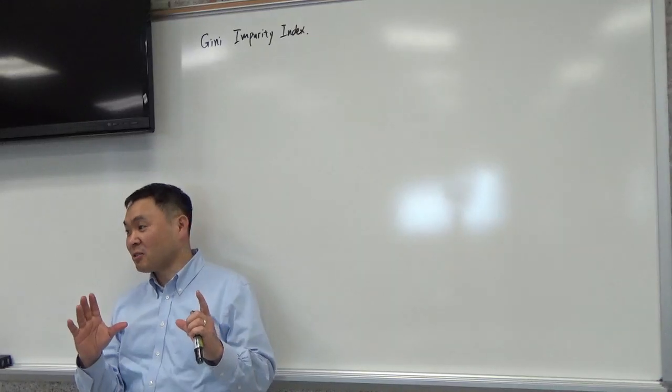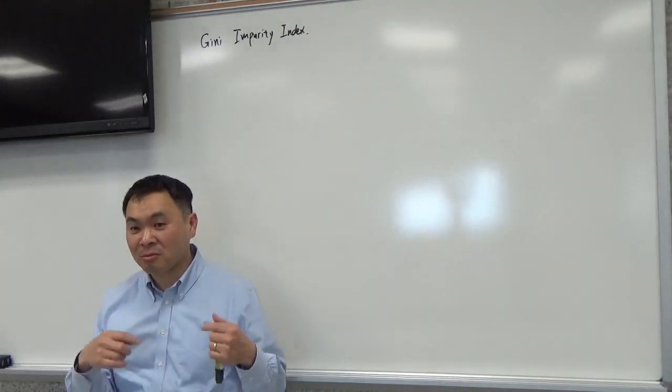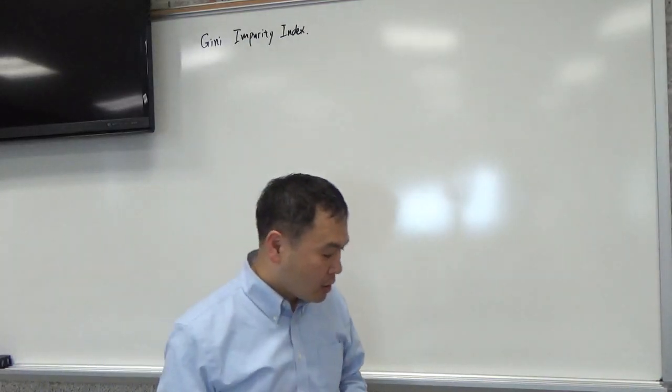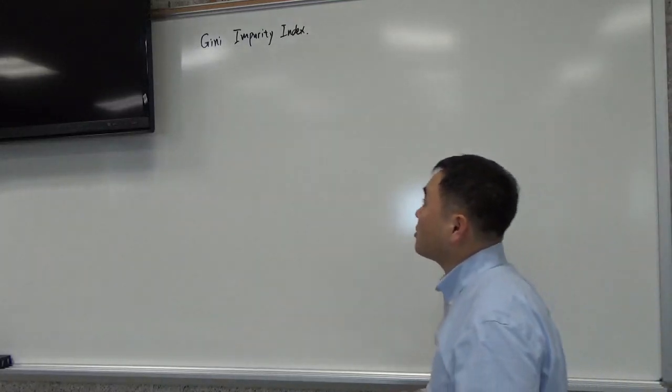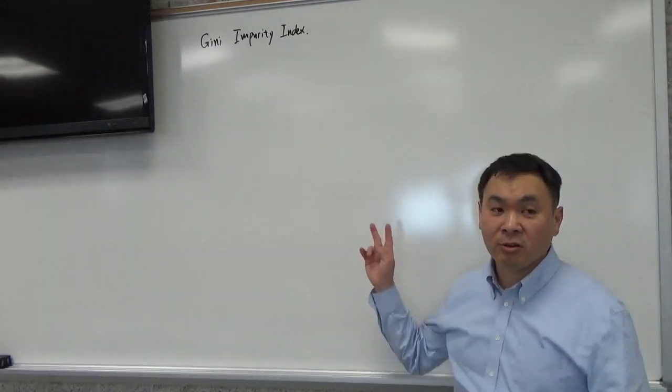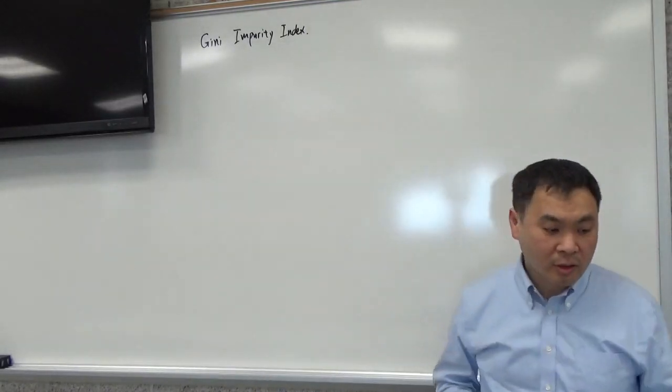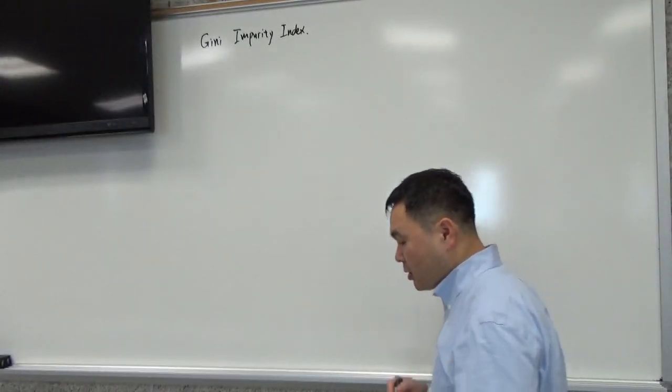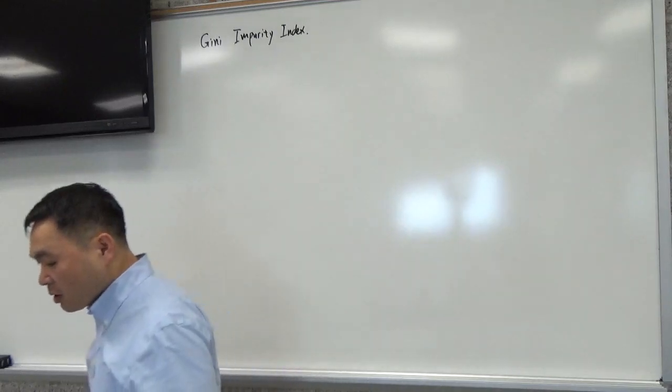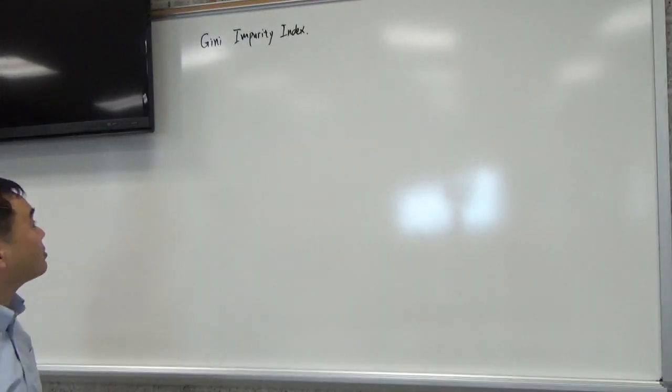An objective function, the thing that you want to optimize, maximize or minimize. And when it comes to building decision trees, there are two functions of choice. One is the entropy function that I discussed last week, and today we're doing another function called the Gini index.